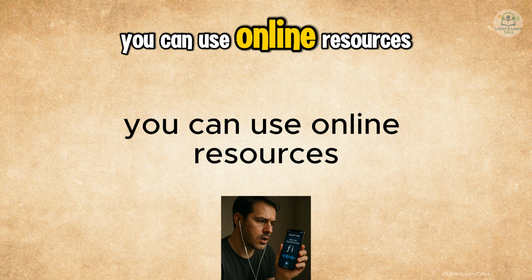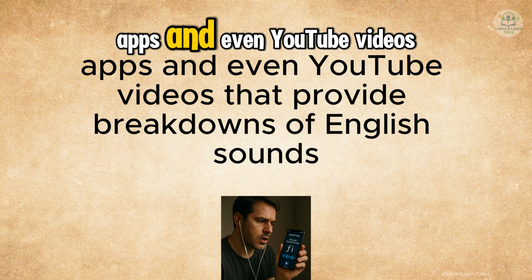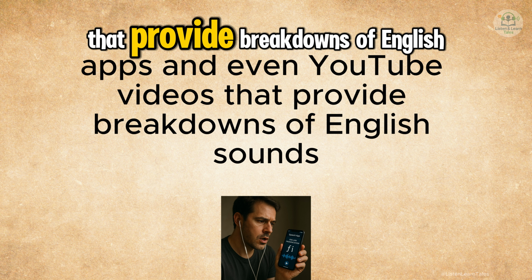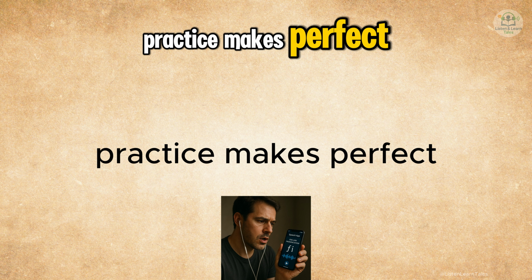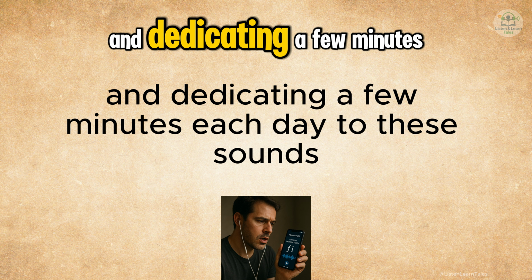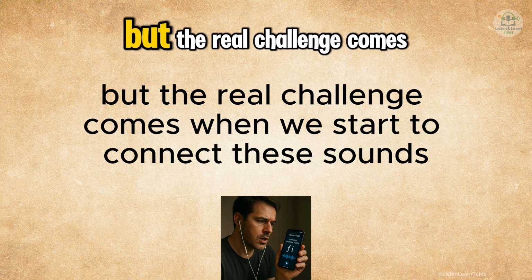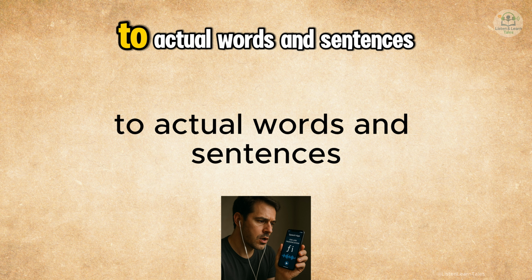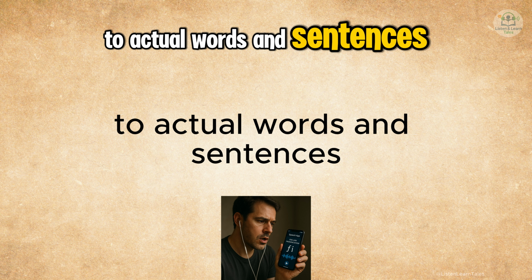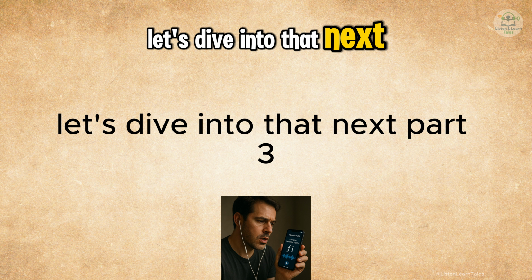You can use online resources, apps, and even YouTube videos that provide breakdowns of English sounds. Practice makes perfect, and dedicating a few minutes each day to these sounds will help you move toward clearer pronunciation. But the real challenge comes when we start to connect these sounds to actual words and sentences. Let's dive into that next.